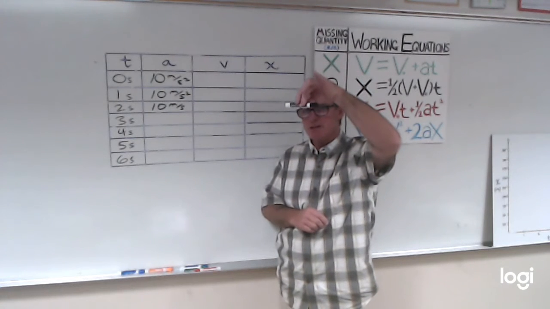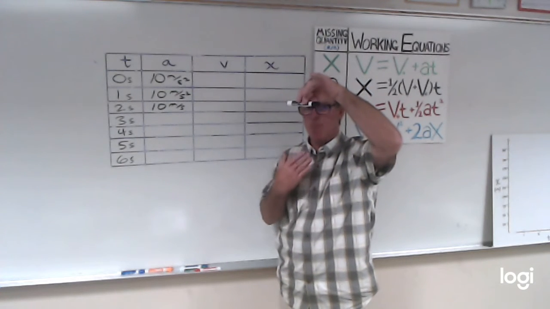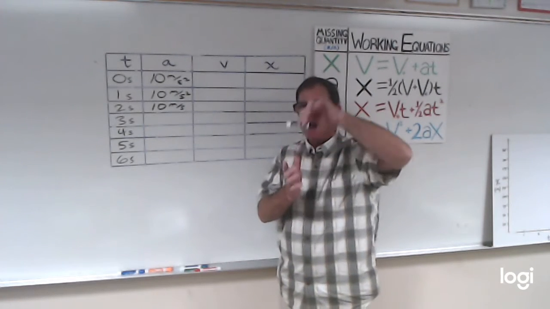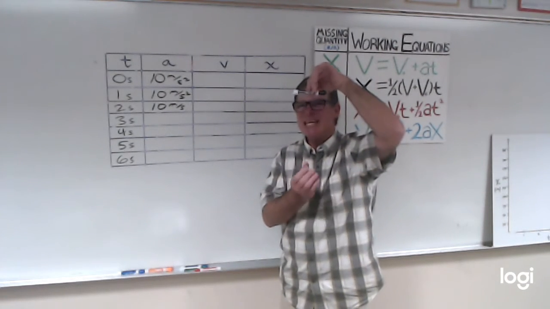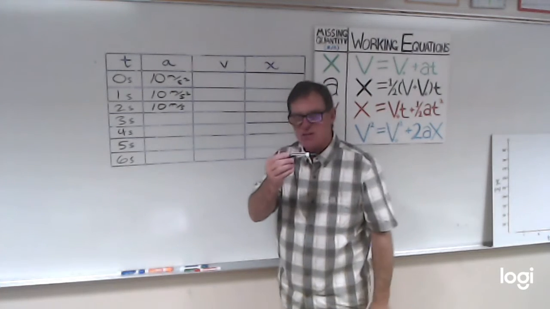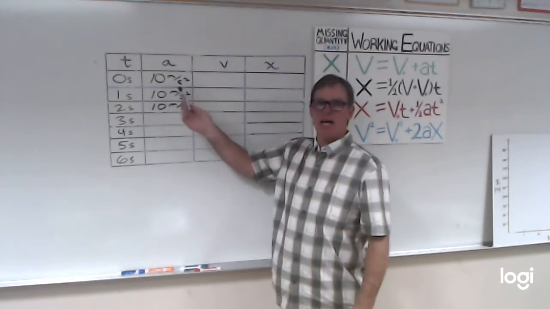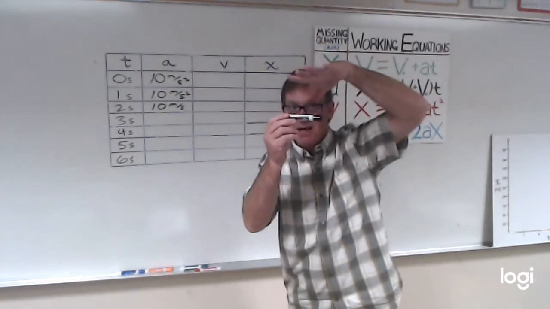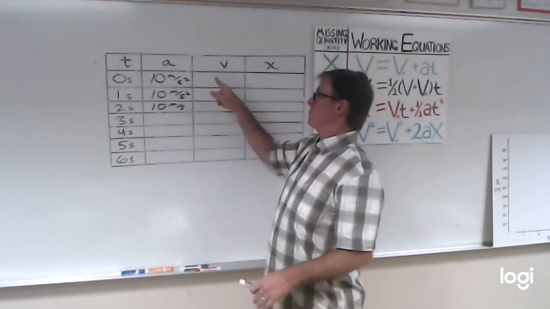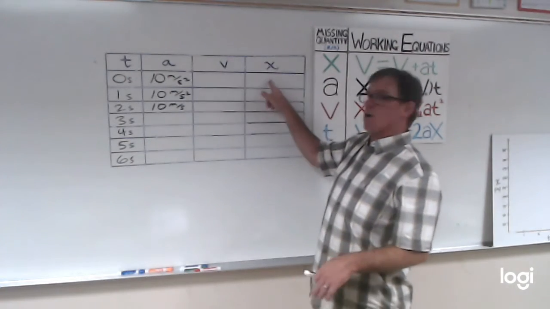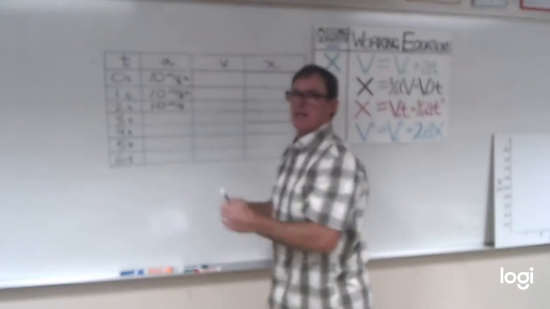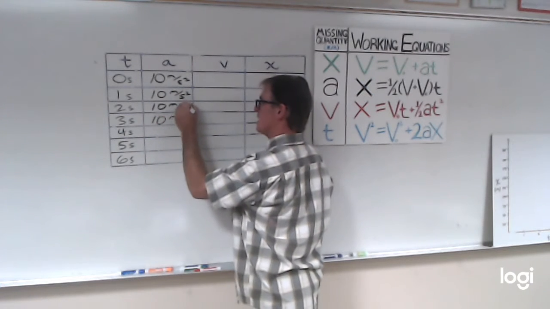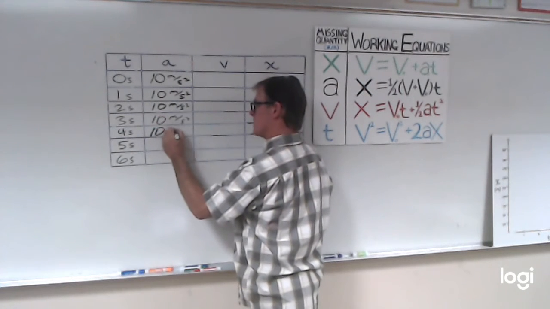When I'm holding it, gravity is acting on it, but I'm preventing it from accelerating. The instant that I drop it, it begins to accelerate at this rate. So if I start my timer at the instant I let go, even though it really hasn't moved very fast yet, nor gone very far, it is accelerating at that rate. So our constant rate of acceleration the whole time is our 10 meters per second squared.